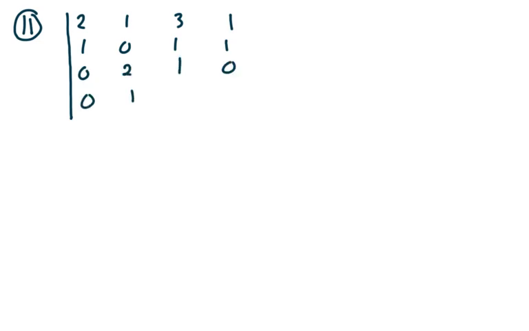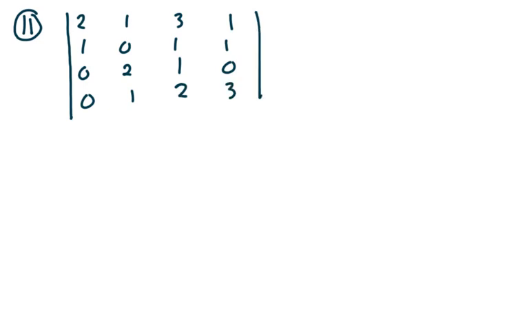And it's pretty nice. Let's take a look at 11. Suppose we have the determinant of 2, 1, 3, 1, 1, 0, 1, 1, 0, 2, 1, 0, 0, 1, 2, 3.